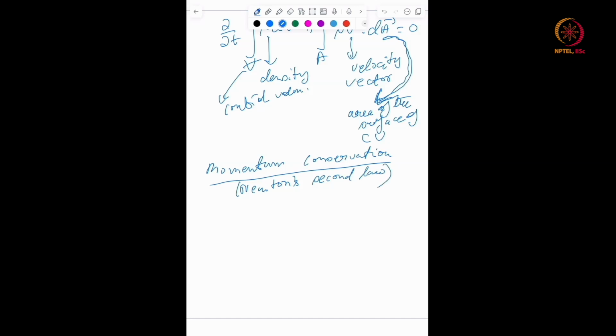Second law. So if it is given as F, let's write it down properly.